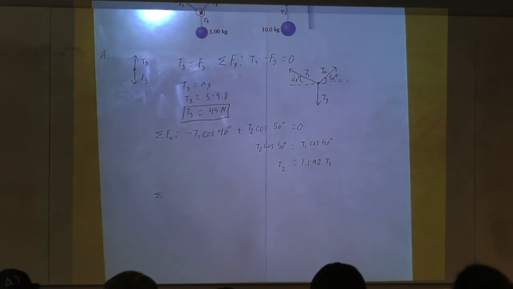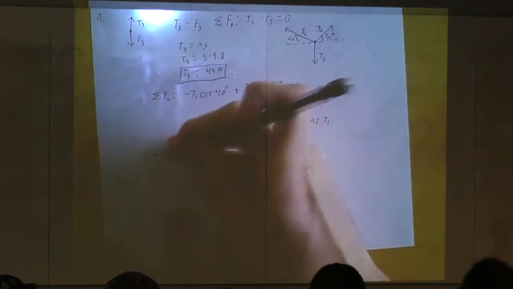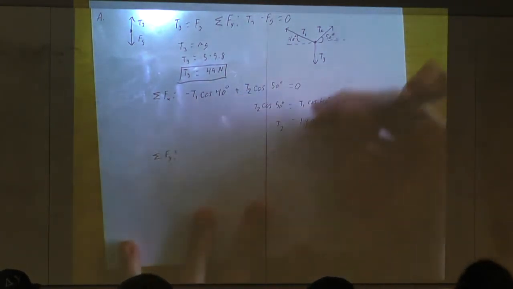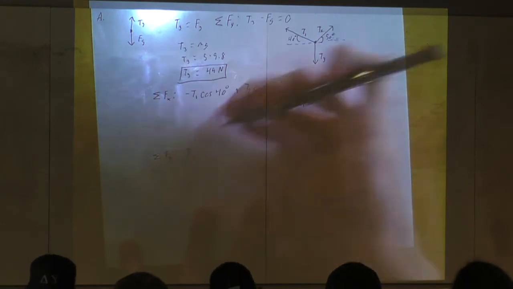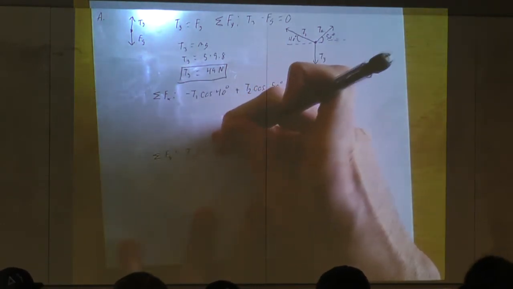So I'm going to do sum of forces in y on that same point. For y, we have T1 pulling upward, so it's going to be positive, and then T1 sine 40 degrees to find the y component.